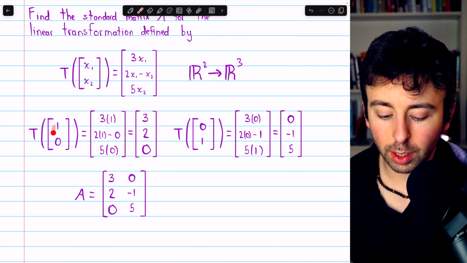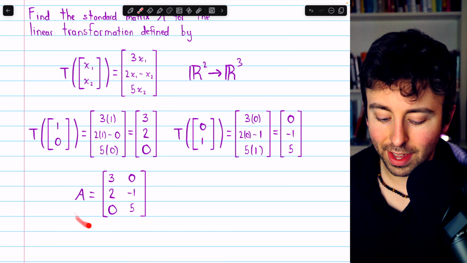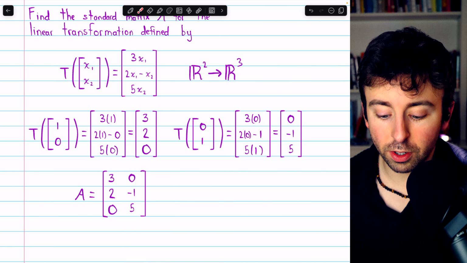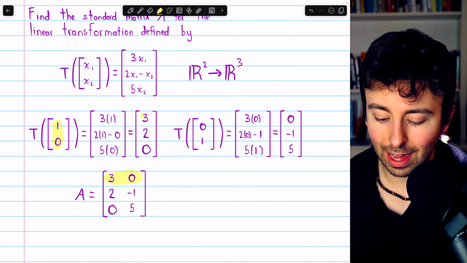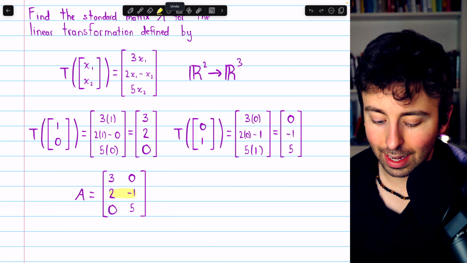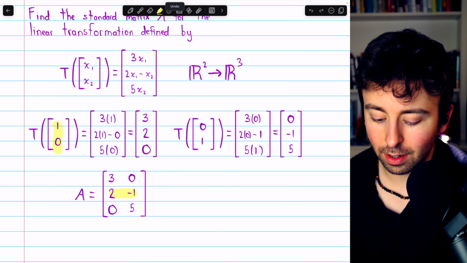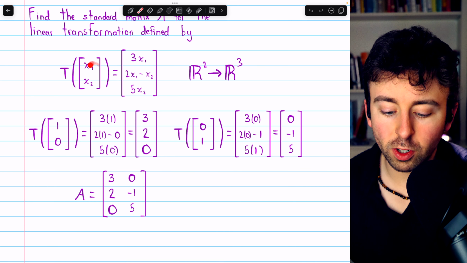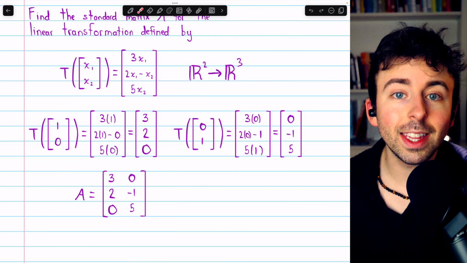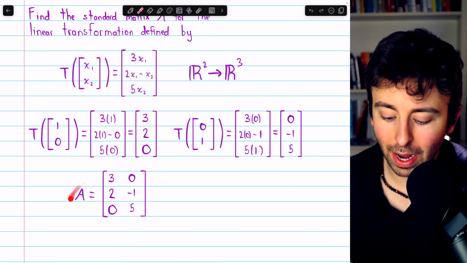Multiplying this column vector on the left by this standard matrix would produce 3, 2, 0. You can see how we would get that 3 there, and then we would get 2, and then, of course, we would get 0.